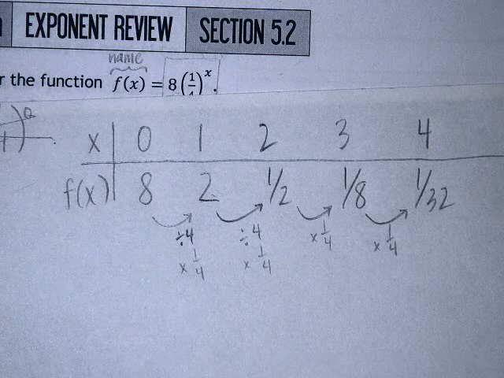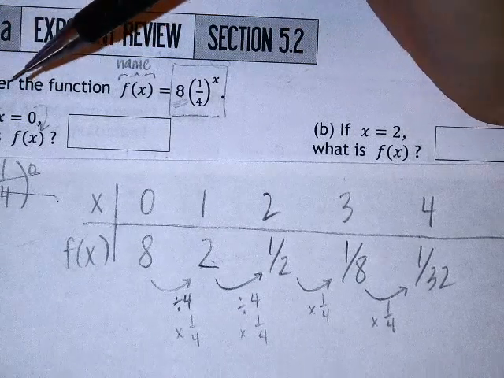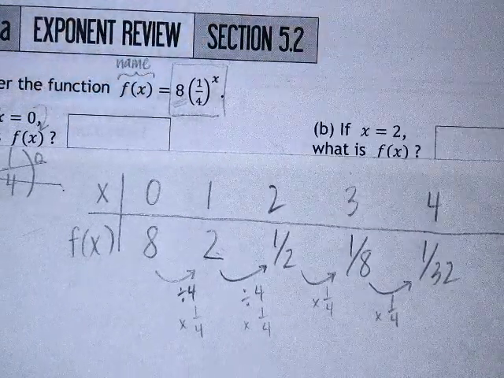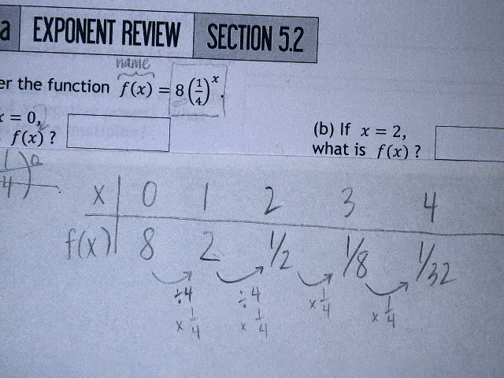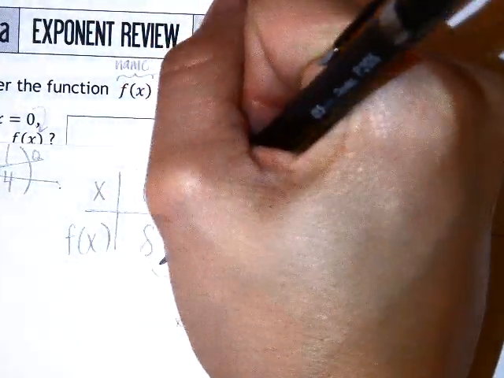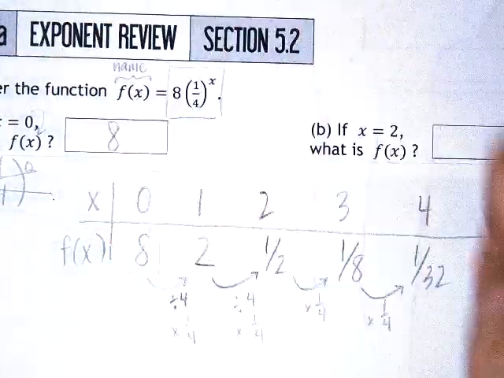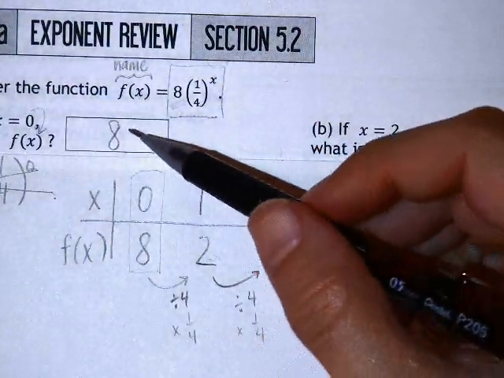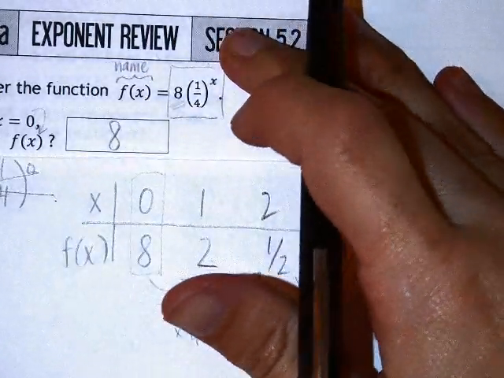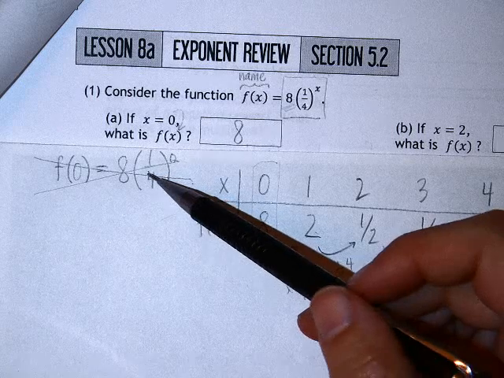So if we go back and look at number 1, letter A, in context, it says if x equals 0, what is f of x? I'm just going to look at my table and notice that if x is 0, f of x, the initial value, is 8. I don't actually have to do any math per se, or any fancy work like I talked about in the beginning of the video.